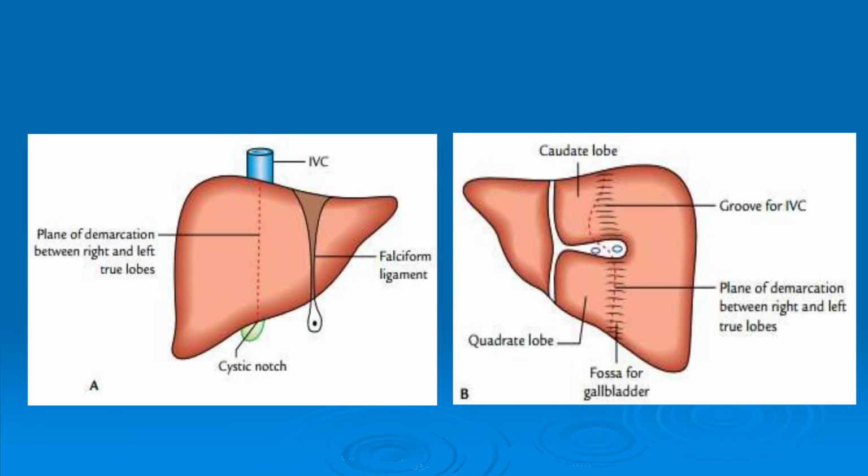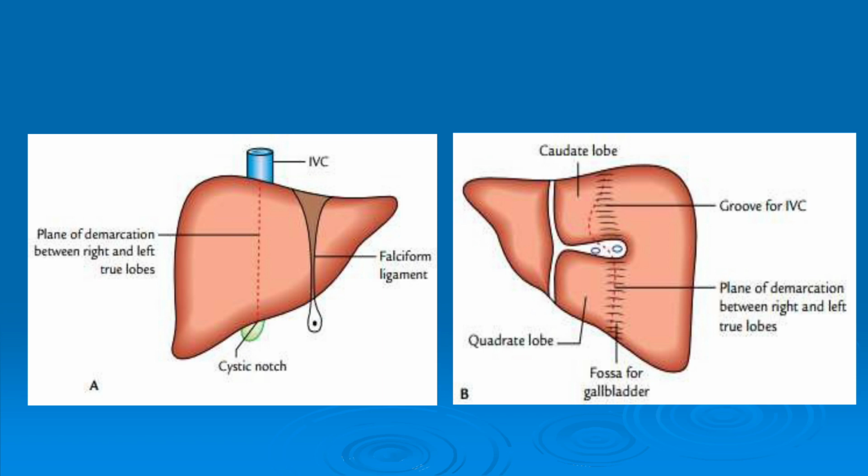Now we can move and see this diagram. This red line passes through the porta hepatis. The upper part is the inferior vena cava, and below it crosses the fossa for gallbladder.